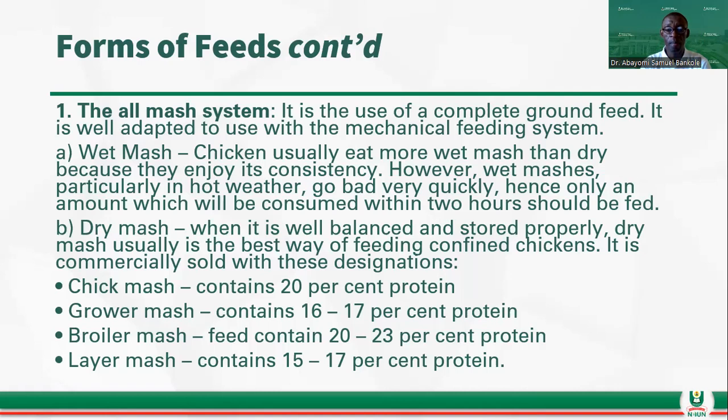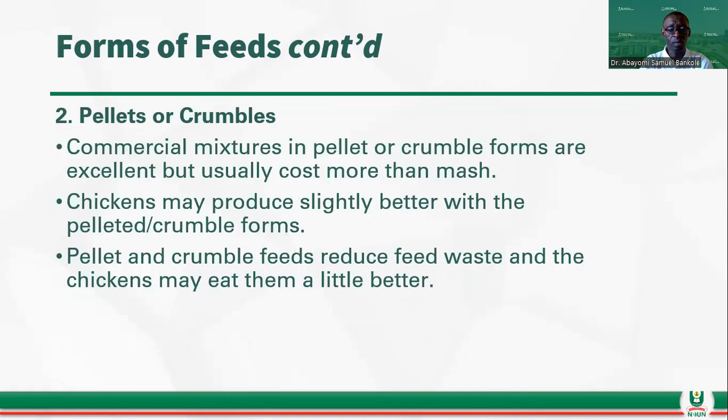Broiler mash will contain 20 to 23% protein, while layer mash will contain 15 to 17% protein. We have said it earlier that it is the protein content that determines the kind of feed you give to chicks, grower, broiler, and layers. Let's go to another form.